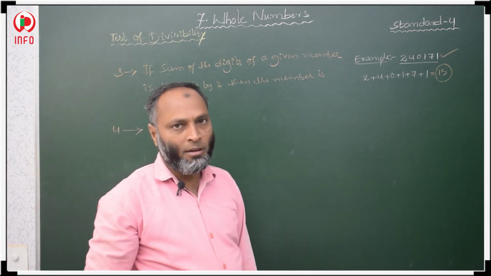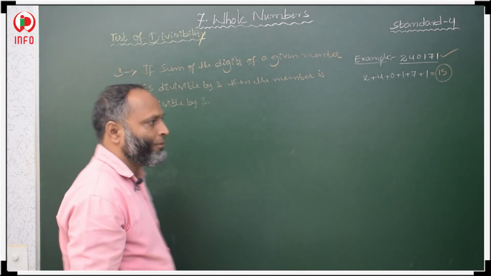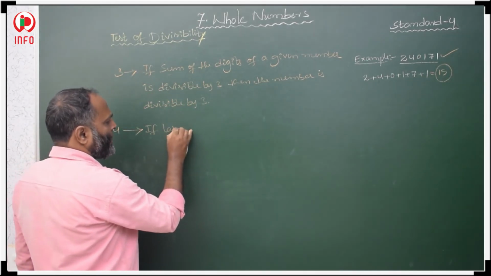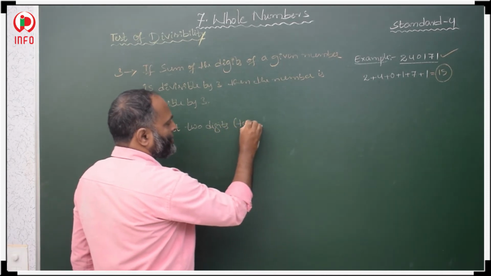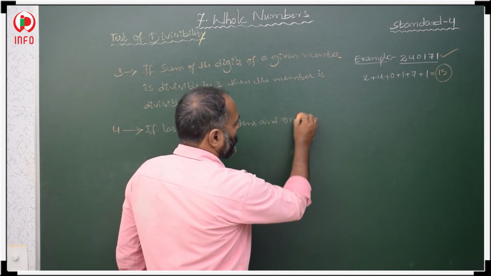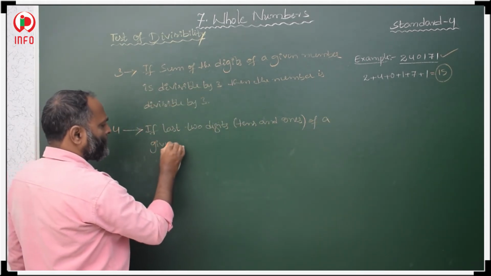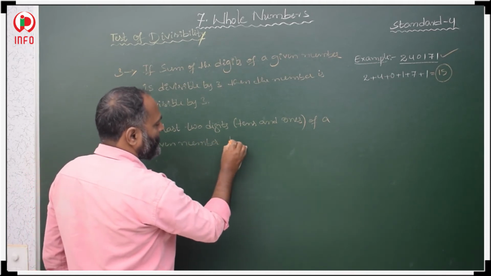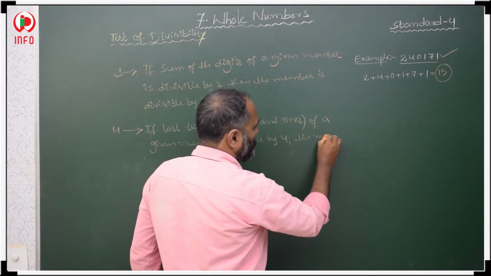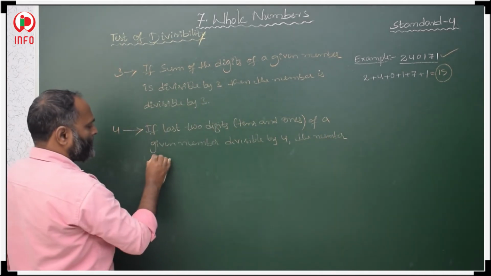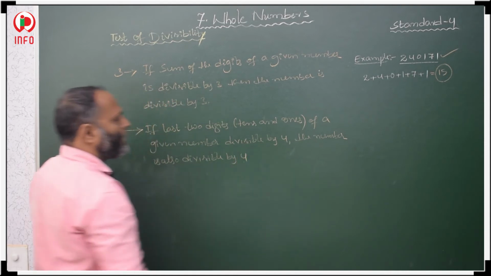Take the last 2 digits of a given number, meaning the tens and ones. If the last 2 digits are divisible by 4, then the number is also divisible by 4. We have to check the last 2 digits.